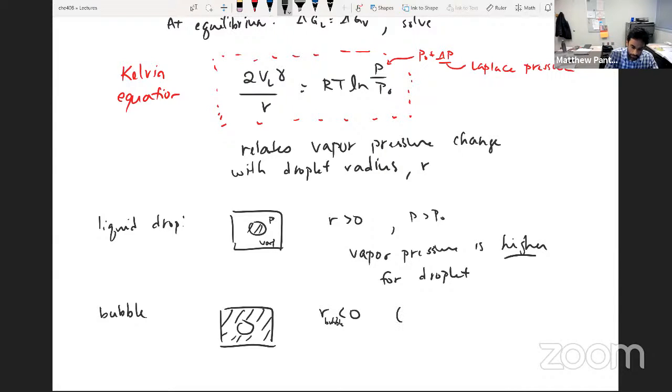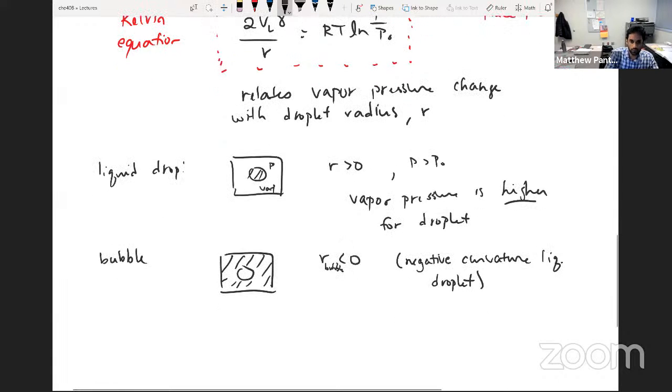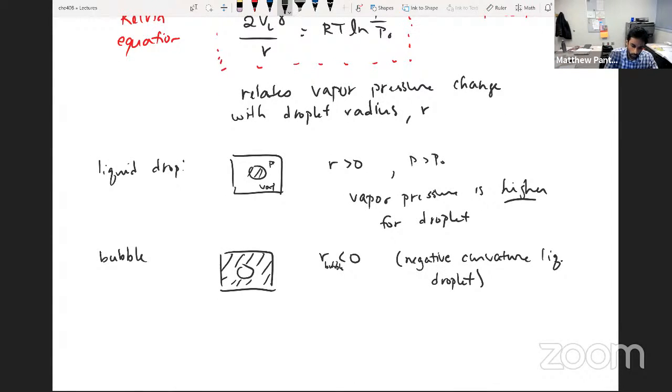Another way to think about it is a liquid droplet with negative curvature. It's the inverse of a droplet. So what we find here is that the vapor pressure in the bubble would be less than the equilibrium vapor pressure for a bulk system.